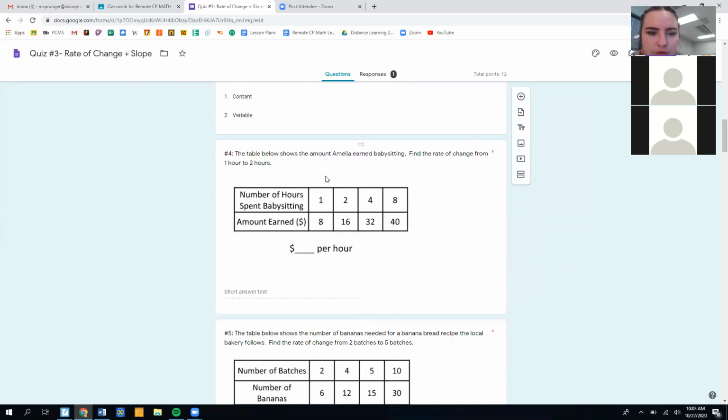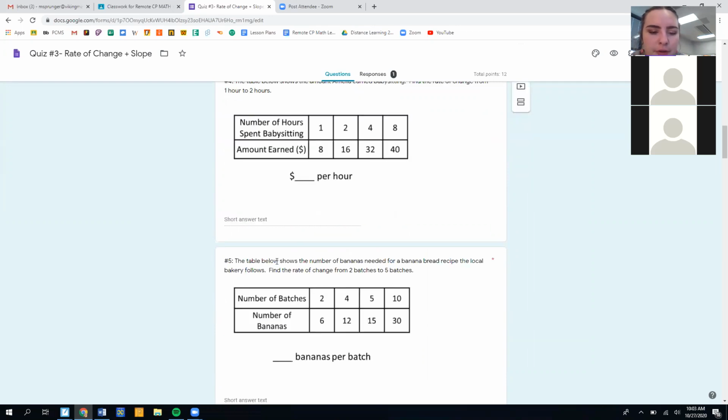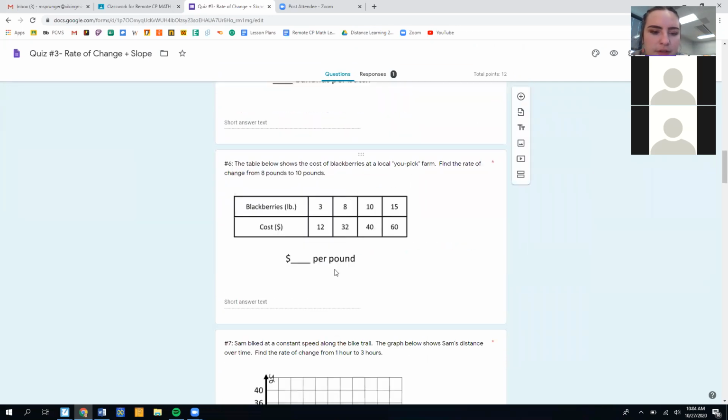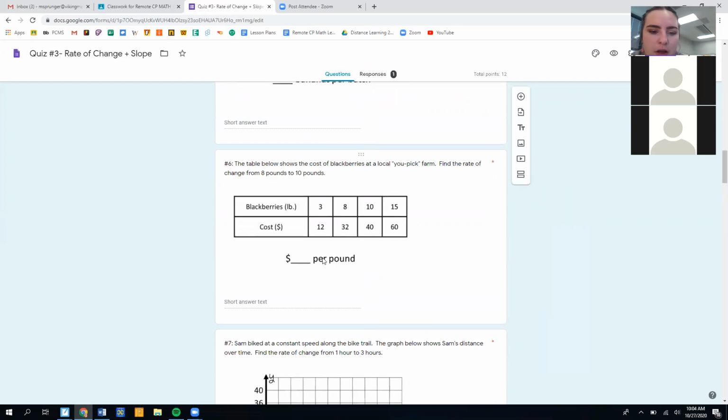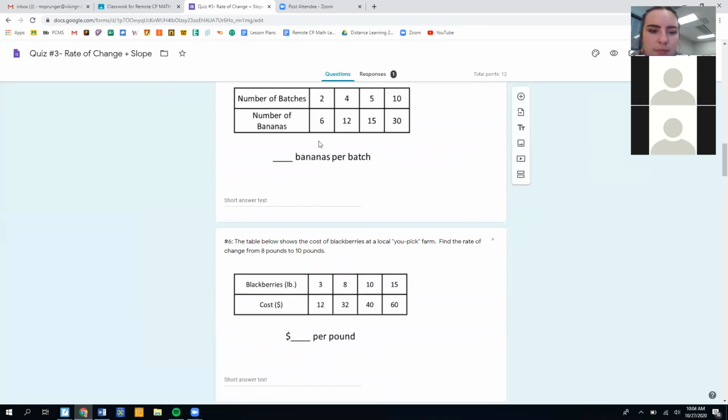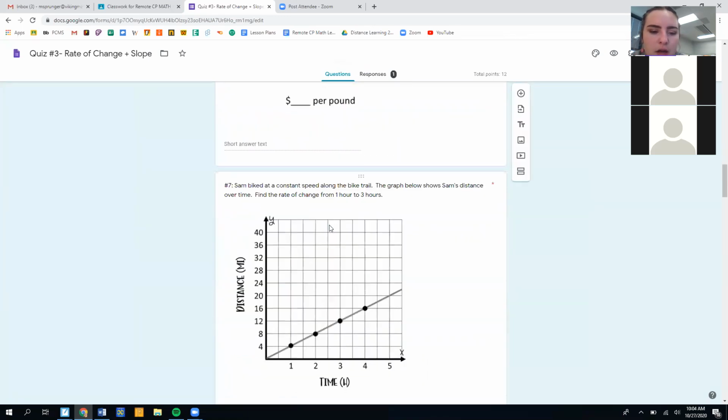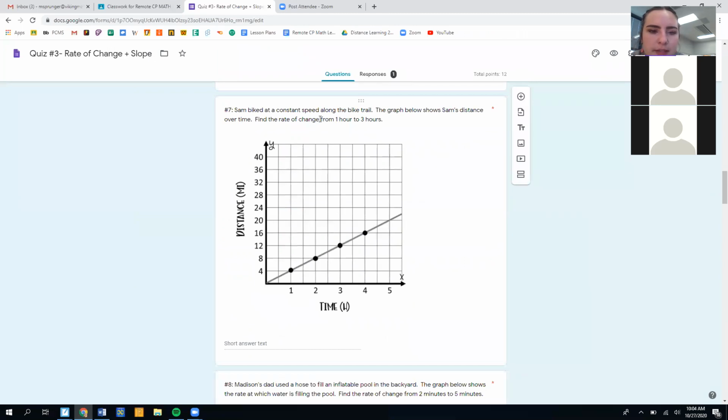It wants you to find the rate of change from 1 hour to 2 hours. So it wants you to figure out how much we're changing per hour for that one. These per problems are unit rate problems. It wants you to figure out the price per pound, the cost per batch, that kind of thing. Another one shows distance over time, find the rate of change from 1 to 3 hours.